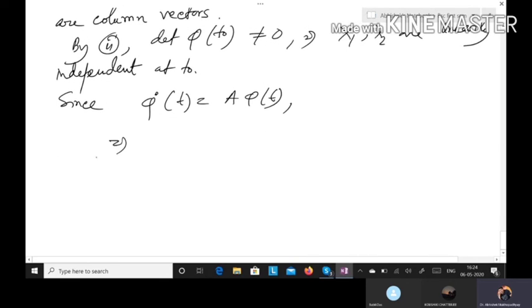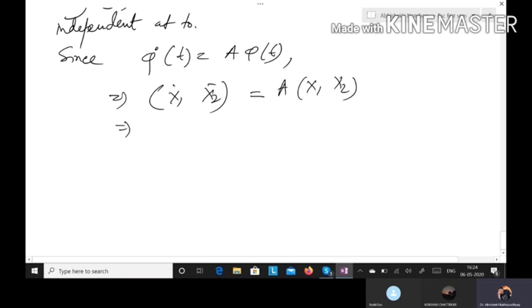What is phi dot t? It is x1 dot, x2 dot. And phi t is x1, x2. Just by equating component-wise, we get x1 dot equal to Ax1 and x2 dot equal to Ax2.